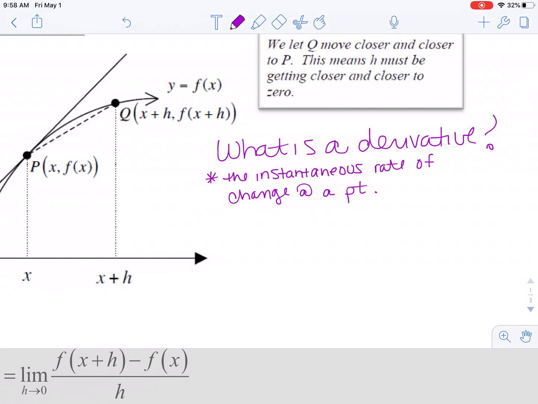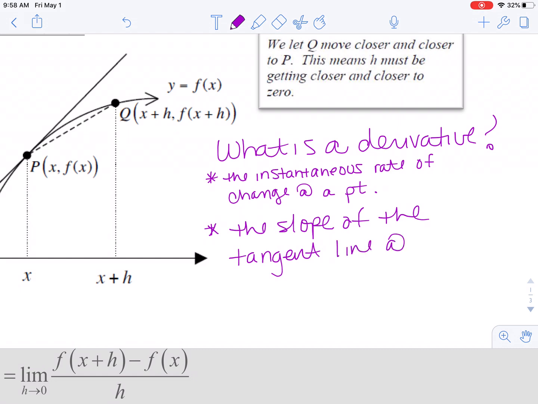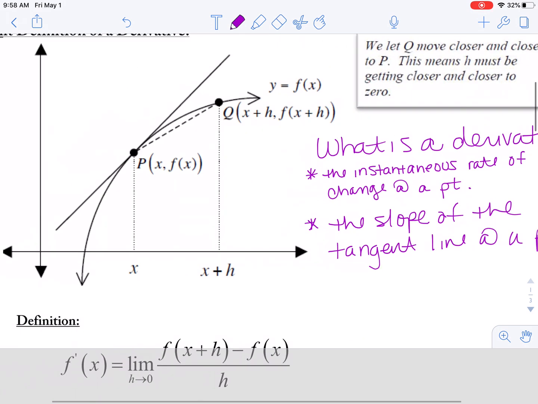Another way we could think about it is it is going to be the slope of the tangent line at a point. So if we look at this curve right here, we see this tangent line.